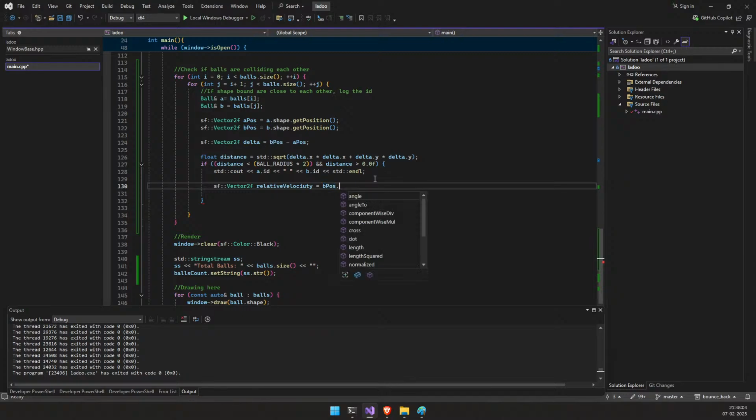Cos dot velocity, b dot velocity minus a dot velocity will get us a relative velocity from them. Right?